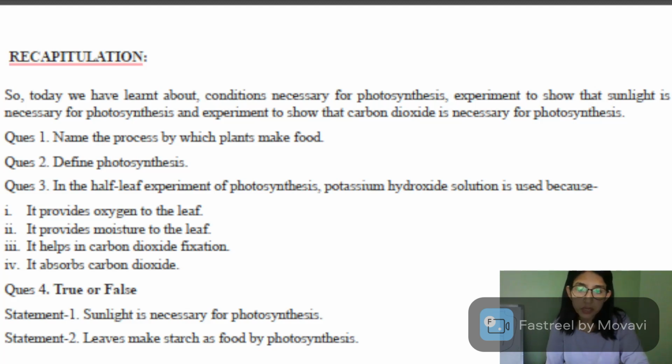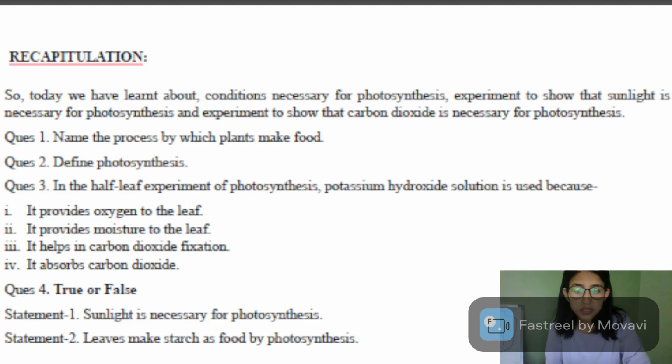The part kept under the foil did not give positive results to the starch experiment because there was no starch present in the part of the leaf which was kept hidden from the sunlight. So this proves that sunlight is necessary for the photosynthesis process.